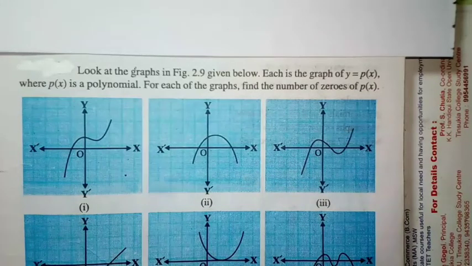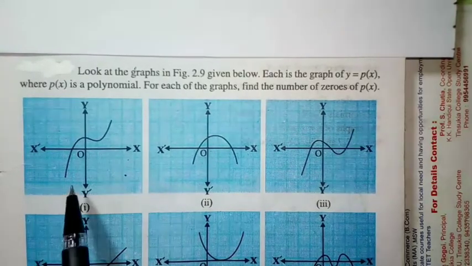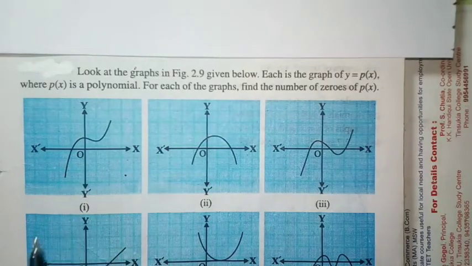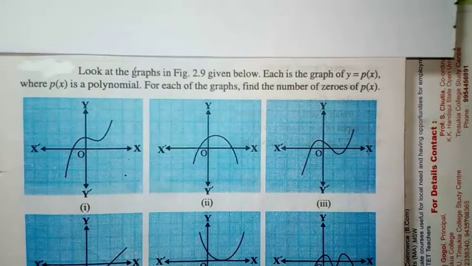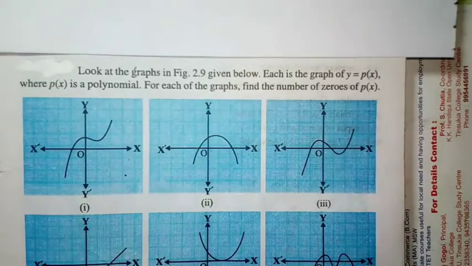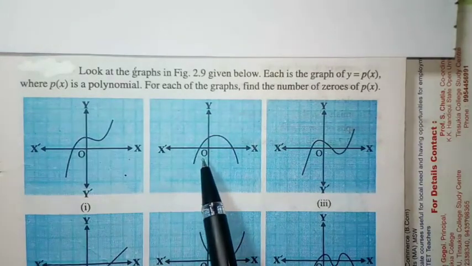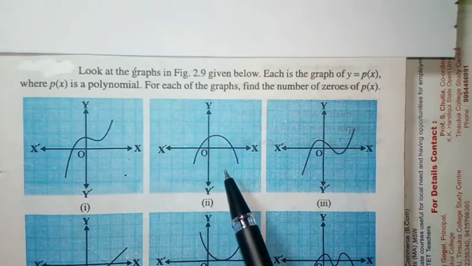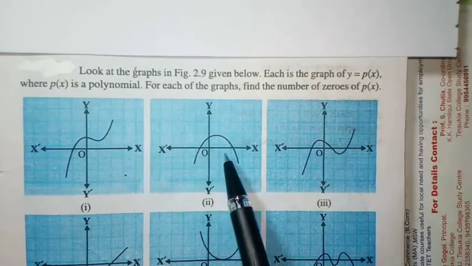So in this figure, in 1, the graph cuts at only 1 point. In the given graph, the number of zeros of p(x) is 1. In question number 2, the number of zeros is 2 because the graph intersects the x-axis at 2 points, 1 and 2.